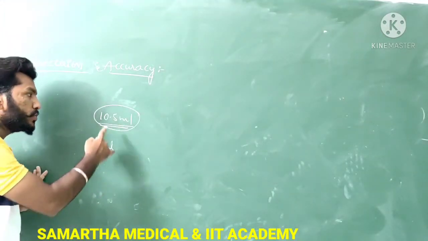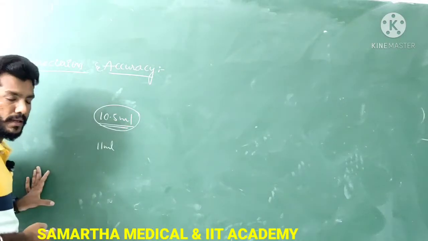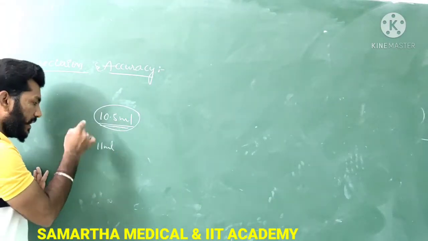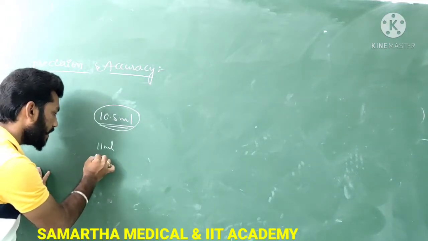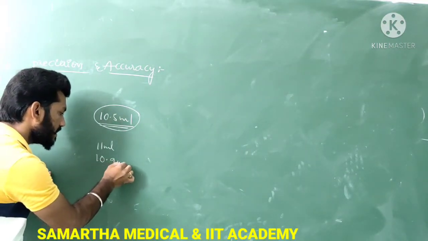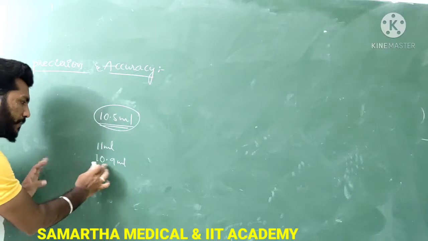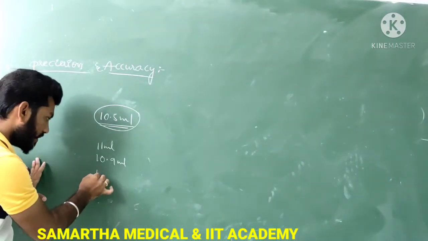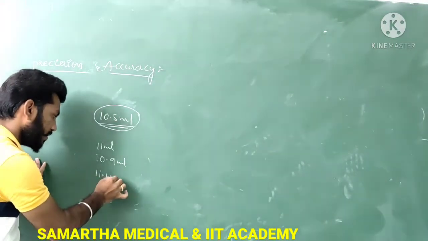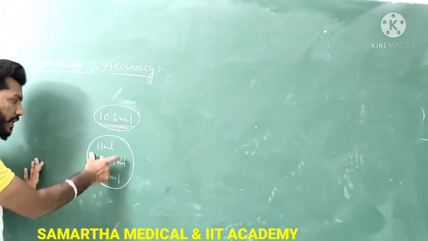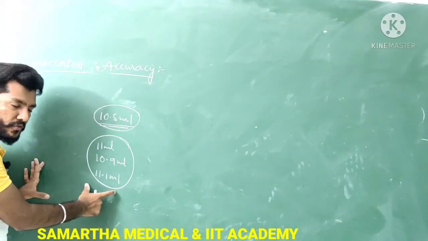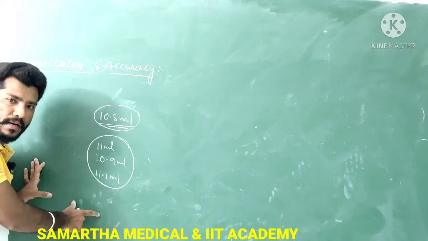Our actual true value is 10.5 ml, but he gets 11 ml in the first trial, 10.9 ml in the second trial, and 11.1 ml in the third trial. Just consider these three values, where the student got in the titration.